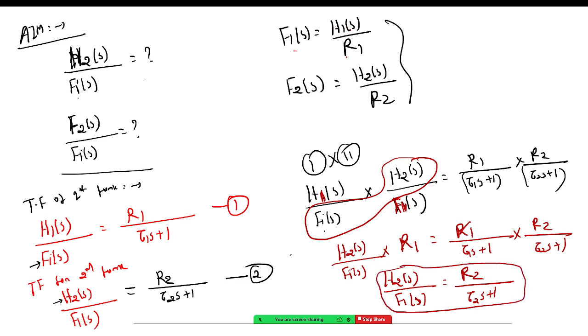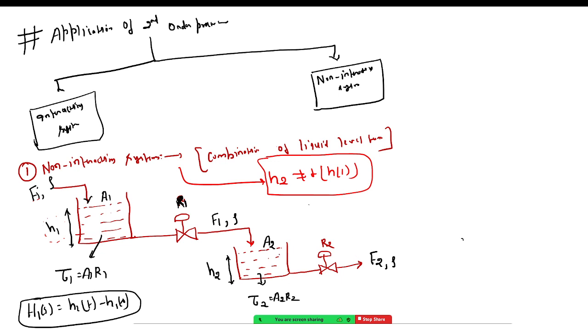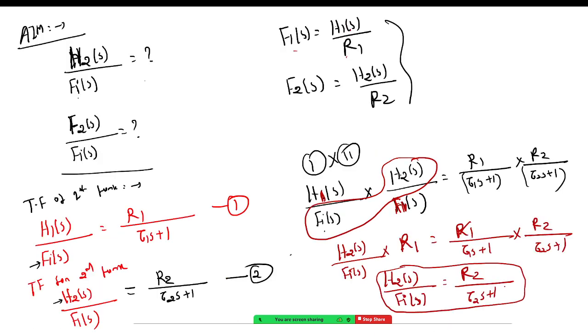Sorry, FIS, sorry. So the meaning is that if you want to understand H2s by FIS, directly you take the value of R2 divided by the multiplication of the transfer functions of both, that will be tau 1s also.